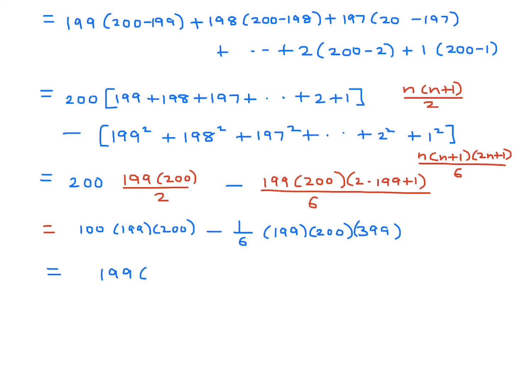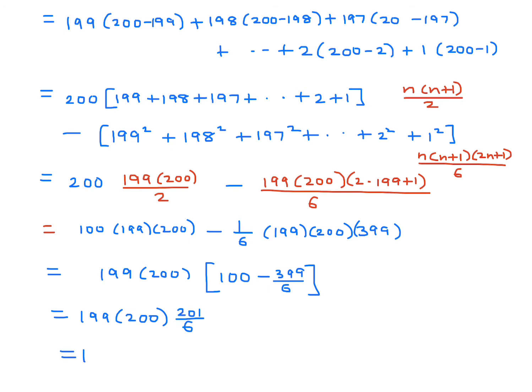There's a 199 and 200 that we can factor from both of those. That's just going to leave 100 times 399 over 6. And that is 199 times 200. When you do that fraction, it becomes 201 over 6. And in lowest terms, it's 199 times 200 times 67 over 2.